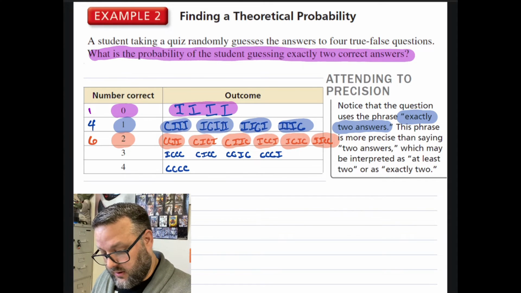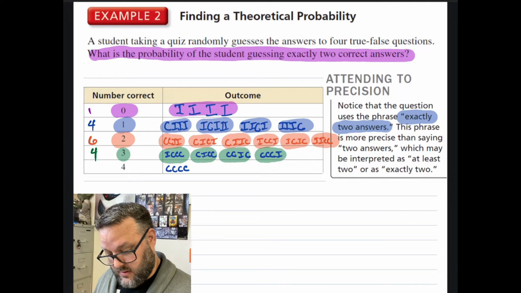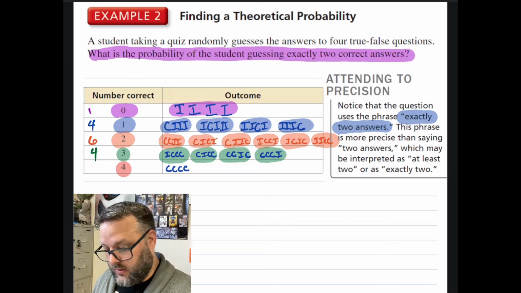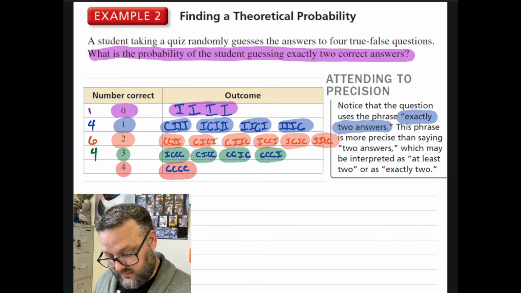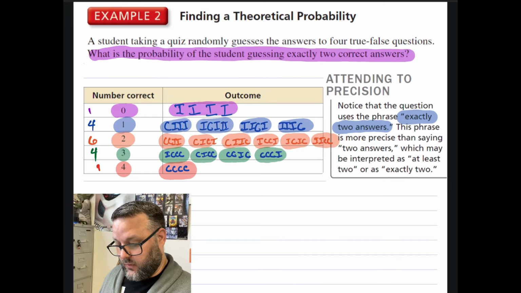Now, moving on, there's still the possibility I could have gotten 3 right. So there's 4 that fall into that category. And lastly, there's the possibility I could have got them all right, and there's only 1 possibility for that. So what I see here is 1 plus 4 plus 6 plus 4 plus 1. Well, that's 11 plus 4 is 15, 16.